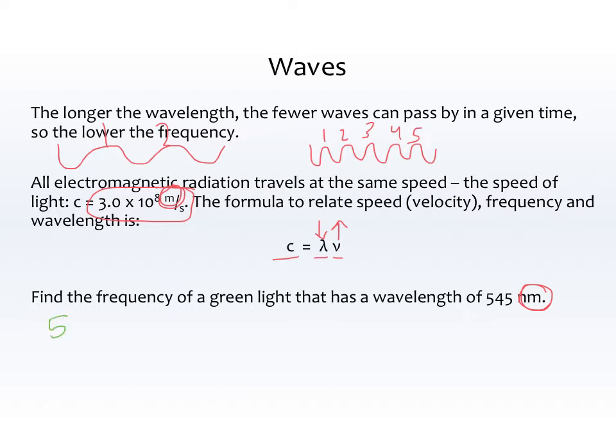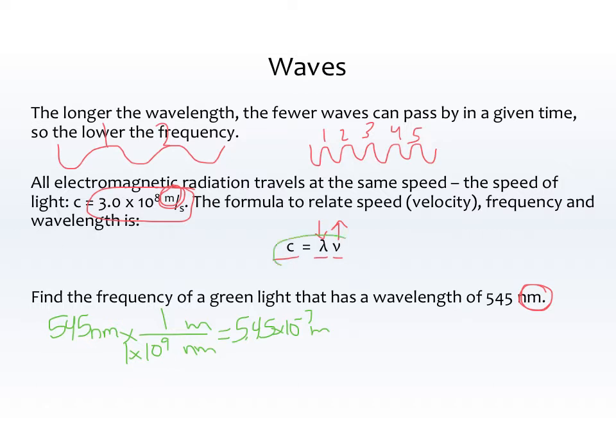So 545 nanometers, nanometers to meters. A meter is larger than a nanometer, and referencing my notes from unit 1, 1 times 10 to the 9 nanometers in a meter. So if we divide that, we end up with 5.45 times 10 to the negative 7 meters. The reason why I'm doing that is so that it will cancel with a unit for speed.